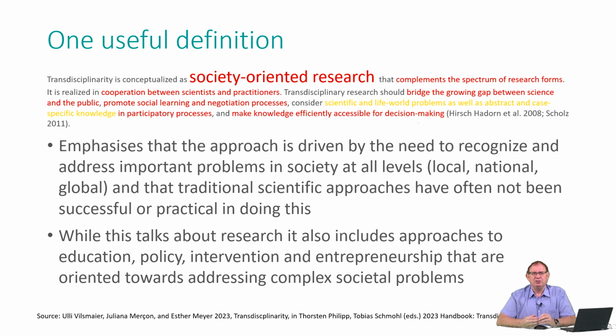And that traditional scientific approaches have not been particularly successful at doing this. In this section it talks about research, but when we talk about transdisciplinary practice, we're not only talking about research, we're also including approaches to education, policy, intervention, and entrepreneurship that are oriented towards addressing complex social problems.